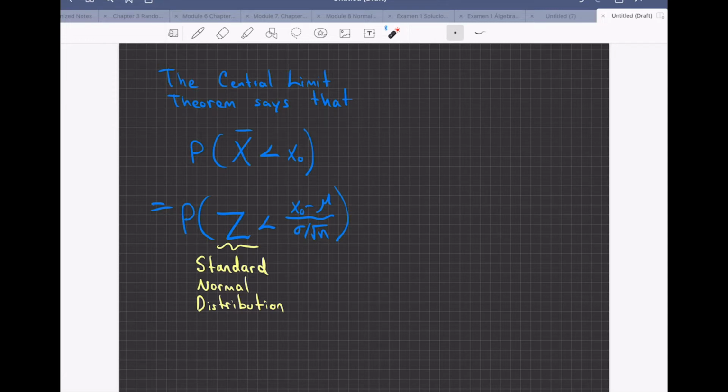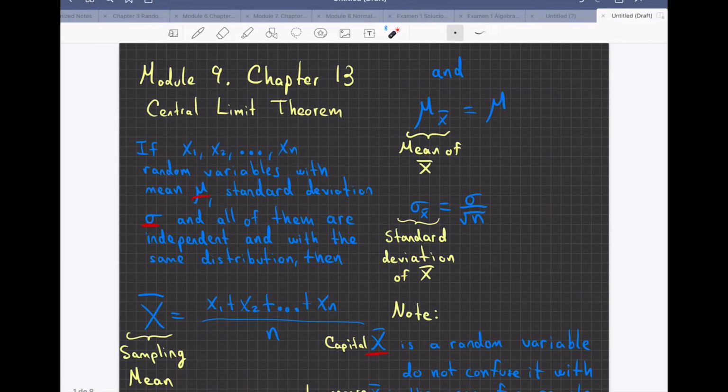But you will have to remember this: the mean of the sampling mean is mu, the same as the mean of the population, and the standard deviation of the sampling mean is the standard deviation of the population divided by the square root of n. This represents all the possible averages for samples of size n.